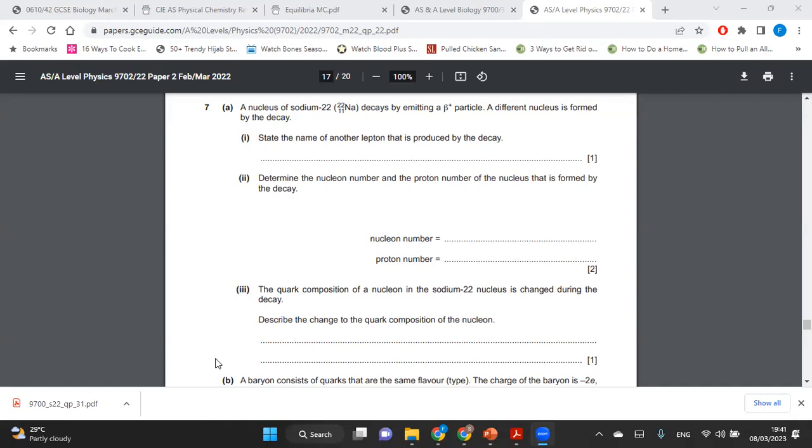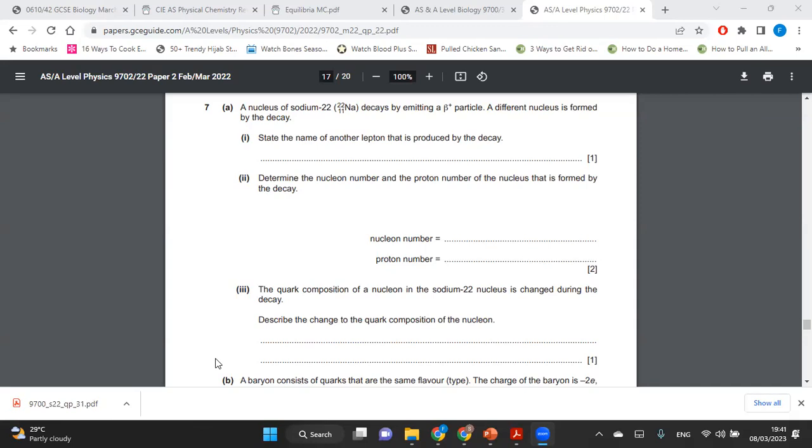As far as I remember, a neutrino was coming out in beta plus and an anti-neutrino in beta minus. You're right. In beta minus we were getting an anti-neutrino, so in beta plus, you can say a neutrino. That is correct.